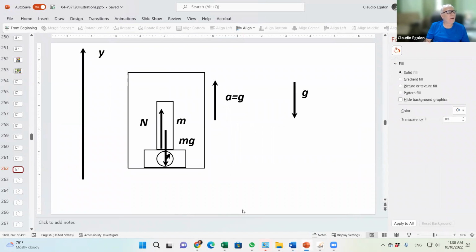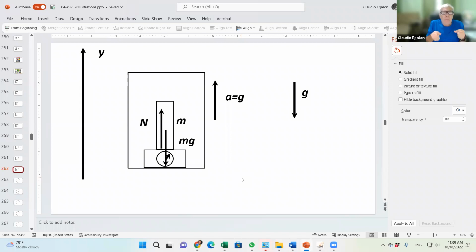Now there is a little trick here. Because the elevator is accelerated upwards, something interesting is going to happen. The normal is going to become greater than the weight. Have you ever experienced that in an elevator? You are at the bottom of the building, inside the elevator. The elevator is initially at rest. The elevator starts to move upwards, accelerating for a small amount of time.